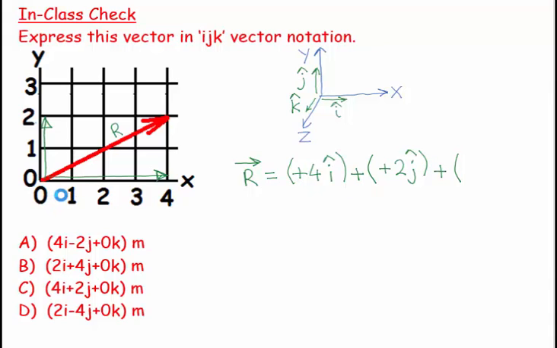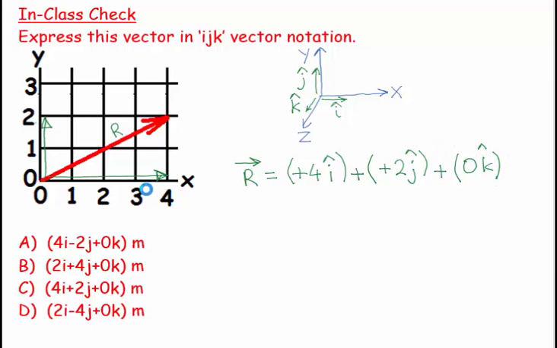I mean, 0 is a value. It's as legitimate as 1 or 2. It's just we tend not to write down 0 because when you have nothing, why talk about it? Well, I think we should talk about it. So this would be 0k.